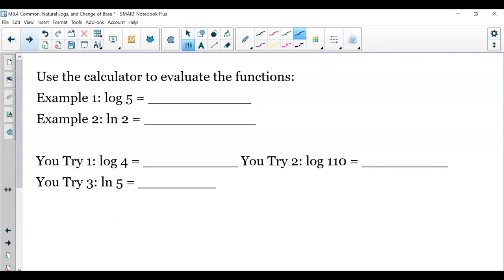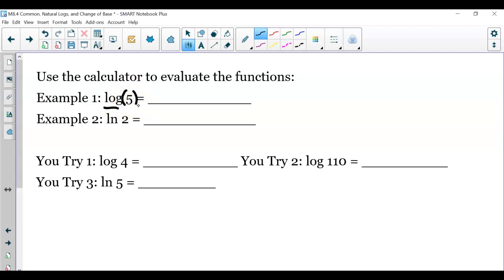But before we get to that, in order to use the change of base formula, you need to know how to use the calculator to calculate these problems. When you find the button that just says log, it'll open up a parenthesis, so make sure that you close the parentheses.